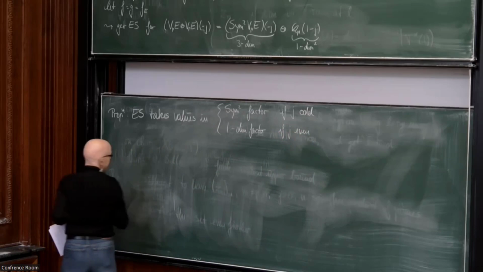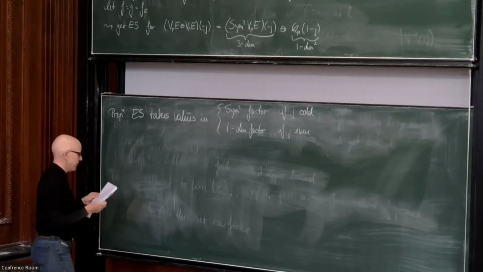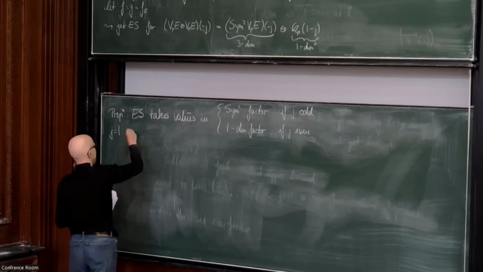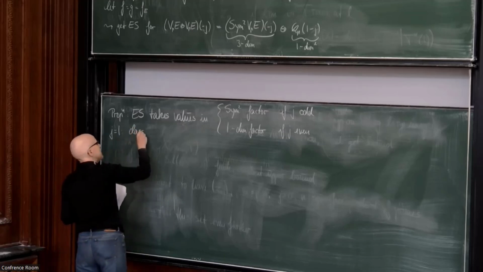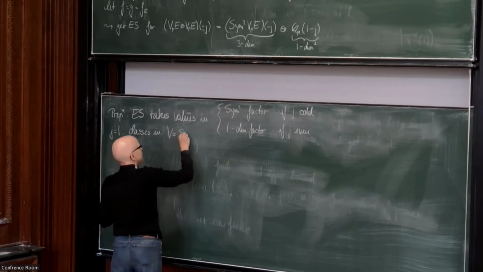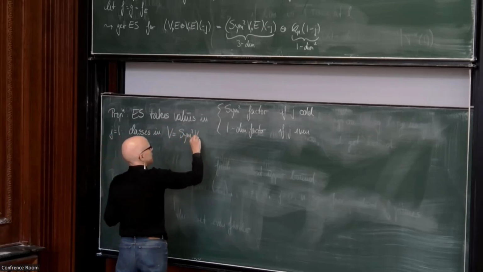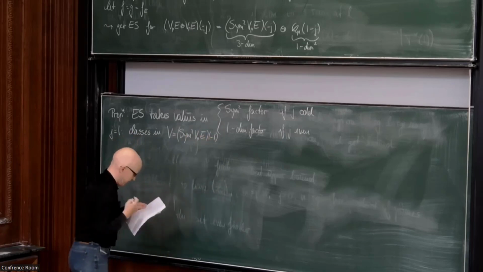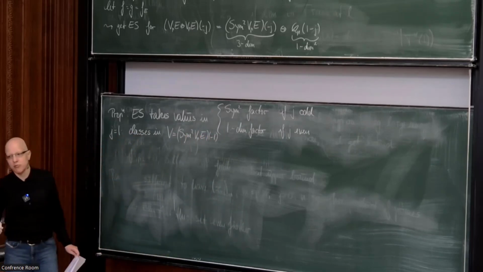So j equal to 1, we are done: we get classes in V, namely Sym squared of V_p(E), twist minus 1.